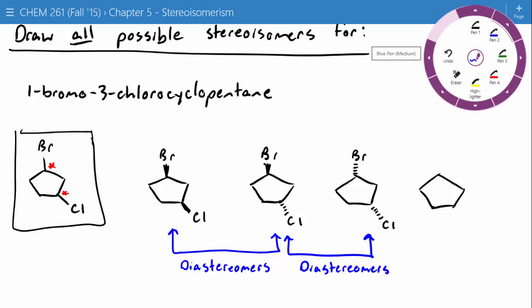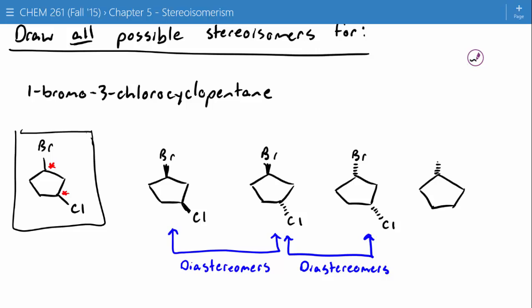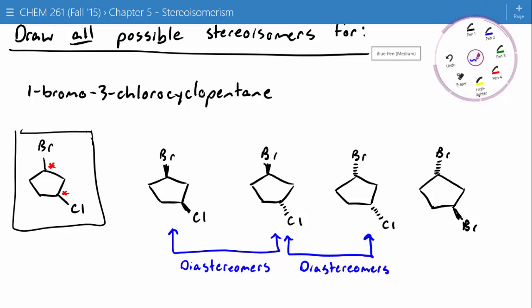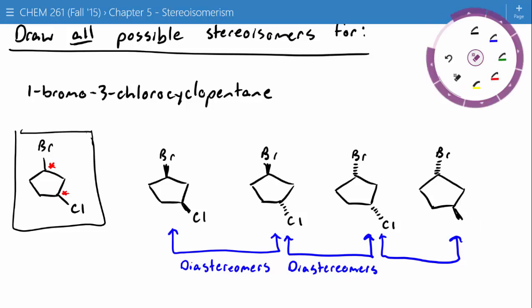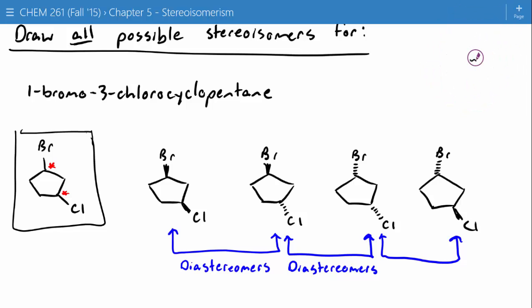And then what if we keep this here and this here? What's the relationship between these? Yeah, another set of diastereomers. Oh, thank you. Good catch. Trick question. So diastereomers.